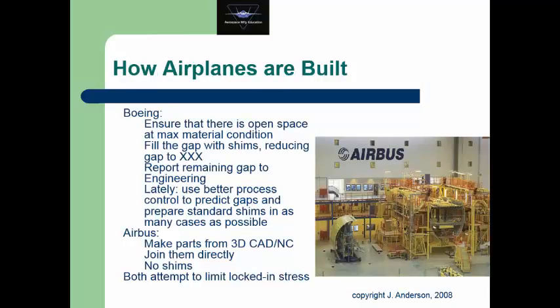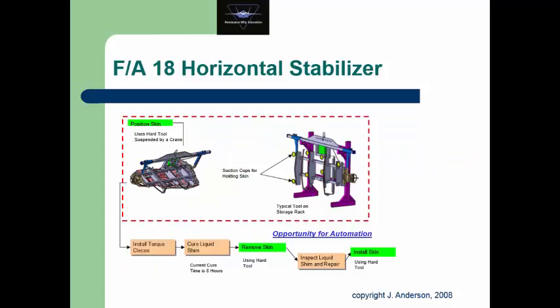This is sort of a philosophy of how parts are built, parts like the horizontal stabilizers for an airplane. Boeing has one philosophy, Airbus has another, and this is actually an illustration from Northrop Grumman for the F/A-18 Navy fighter jet, the horizontal stabilizers on it.